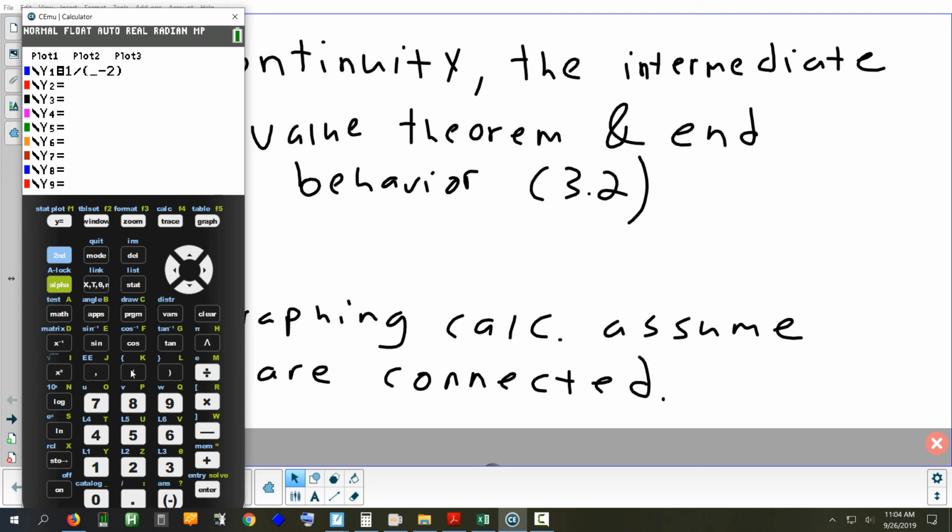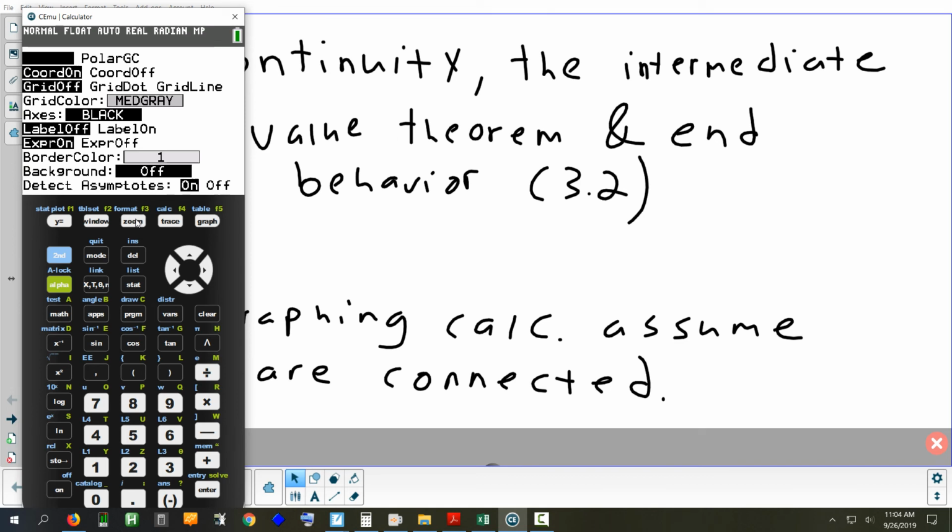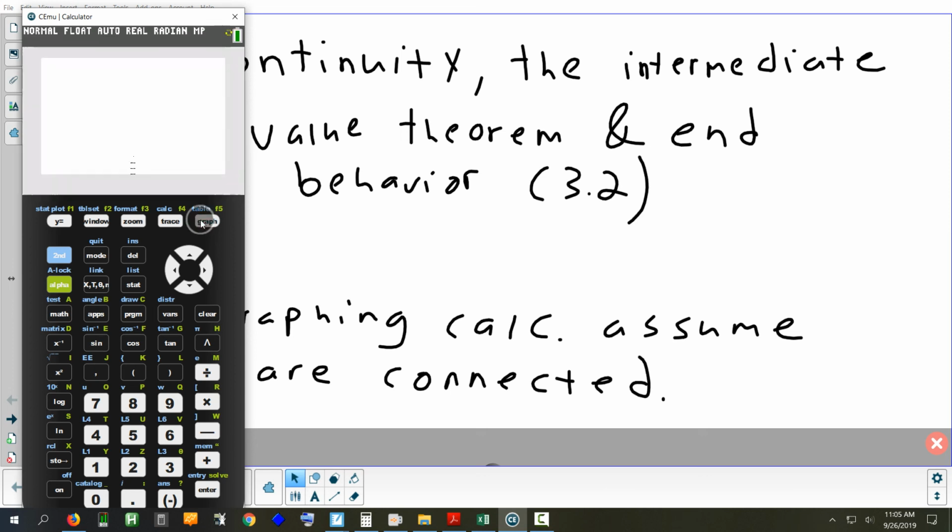That means you're going to have a graph here that's not connected. And older calculators would draw it, I'm going to show you, like this. Remember, calculators, older ones always assumed that it should be connected. So what I basically did is I told my calculator, by turning off this thing called detect asymptotes, that, you know what, just pretend like it's connected and do the best you can, even if it's not supposed to be.